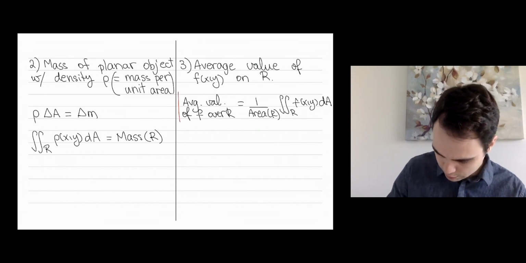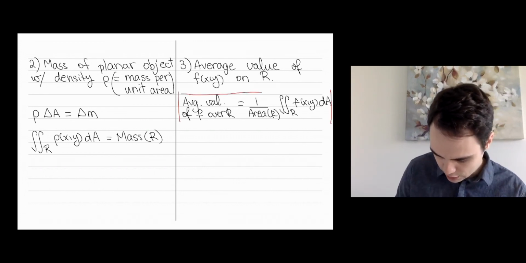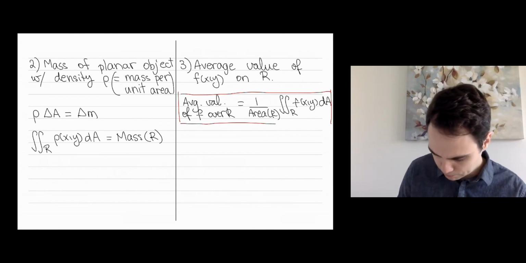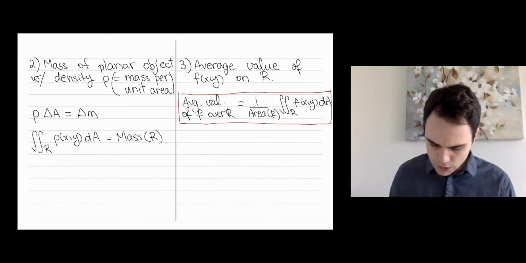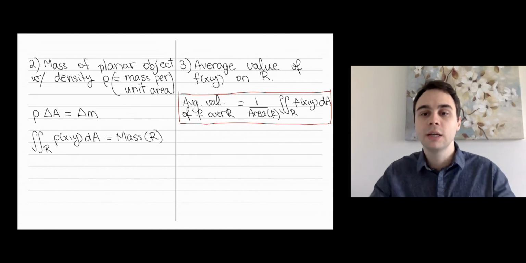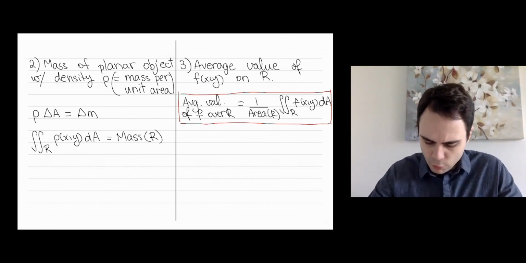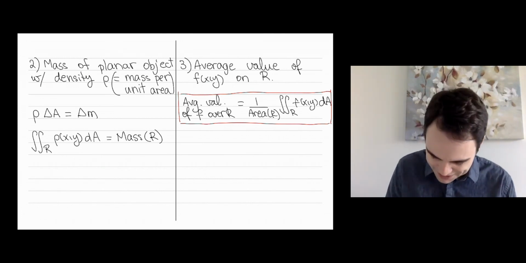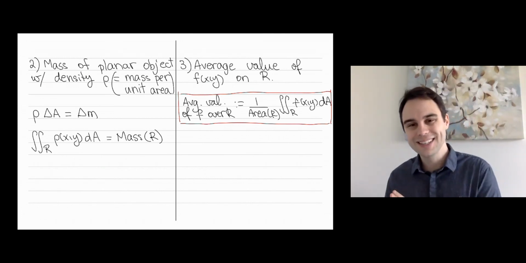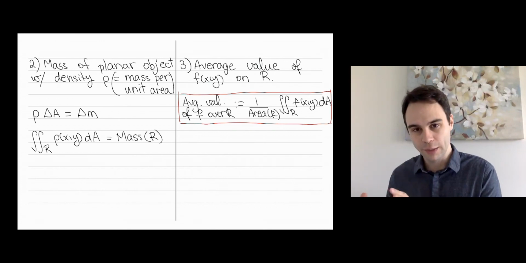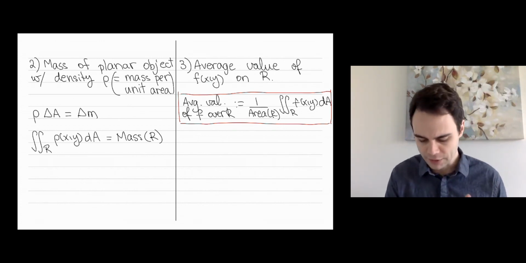Okay, so let me put this in a box and let's talk and reflect about this for a second. So what's going on here? Maybe it would be more honest of me if I told you that the right-hand side is a sensible definition of what I mean by average value on the left-hand side.